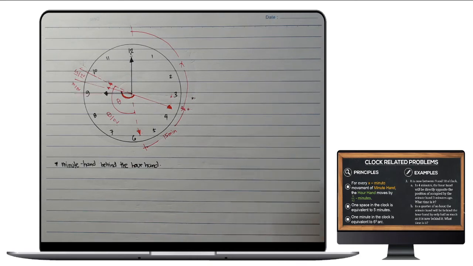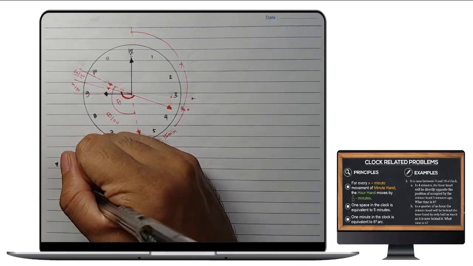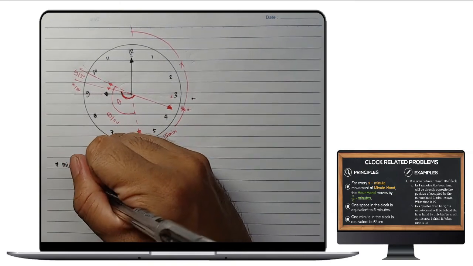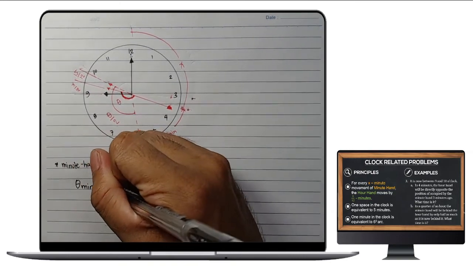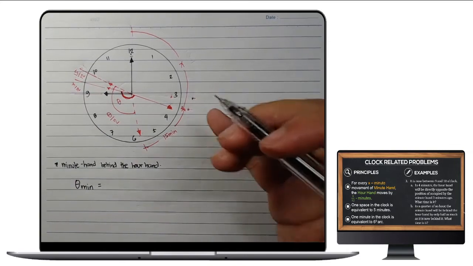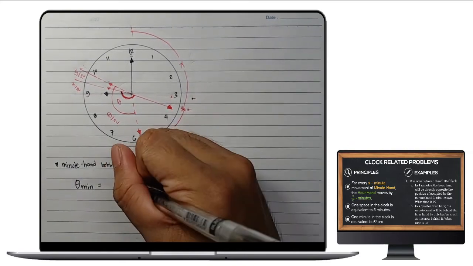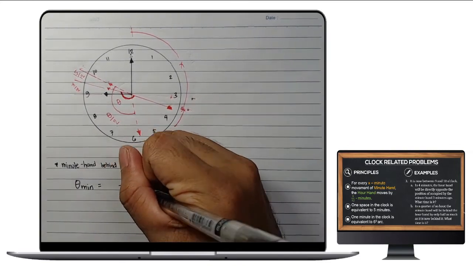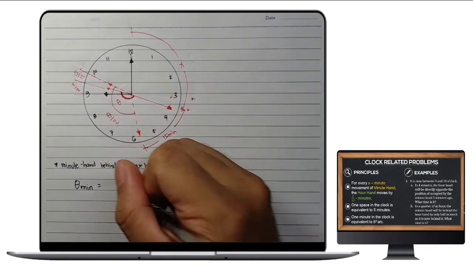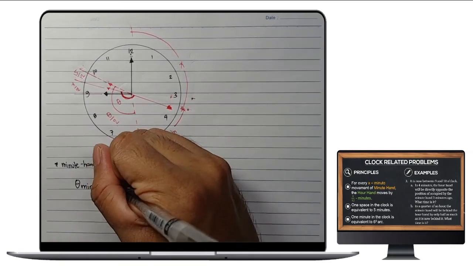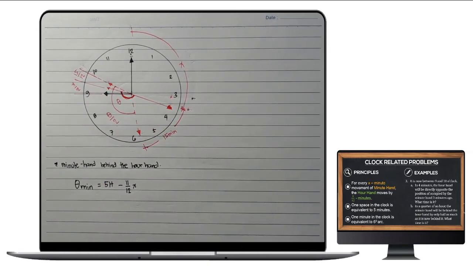From the second formula that we have, I will use theta in minutes here. So theta in minutes is equal to, again, when the minute hand is behind, the 11 over 12 factor is minus. So that is 5h minus 11 over 12 x. So this is our derivation a while ago. Okay? Based on our derivation.